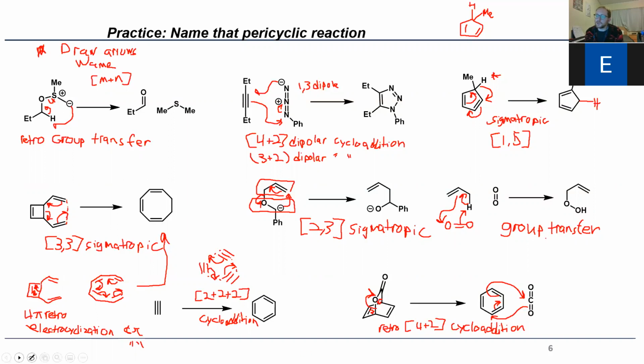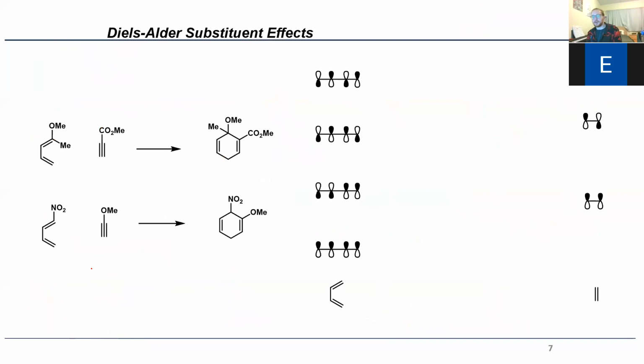So we'll move on to looking more deeply at the Diels-Alder reaction. We talked about the Diels-Alder reaction yesterday in class, as well as cycloadditions more specifically. And this is the cycloaddition reaction that I think organic chemists are really most familiar with, and is used probably more than any of the others.